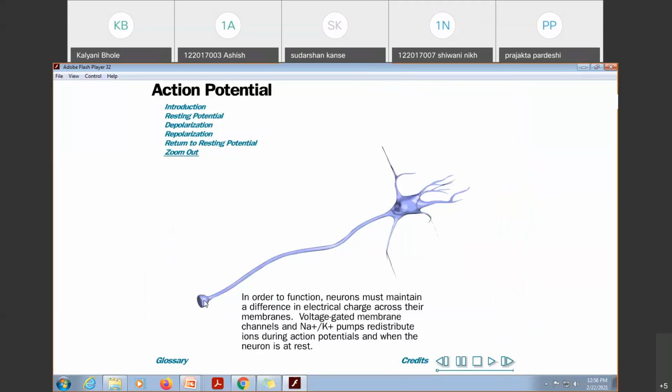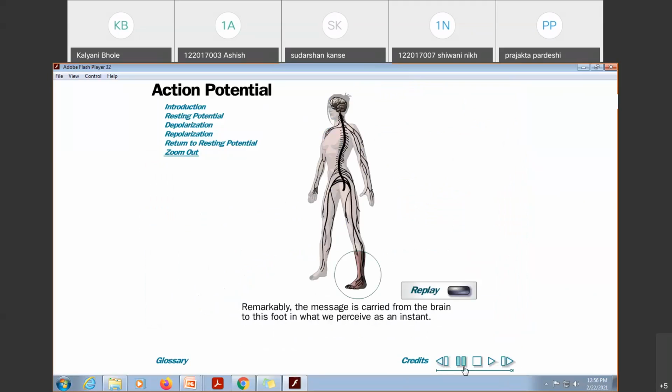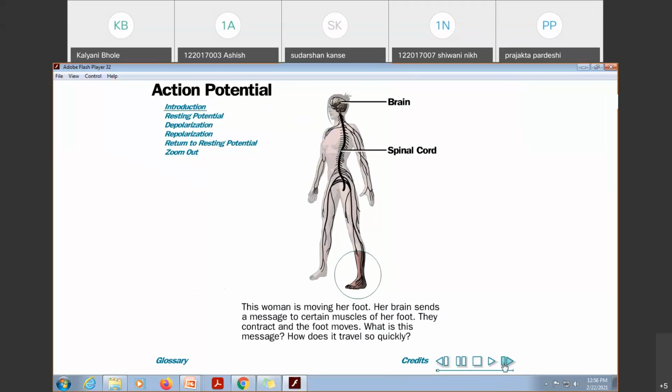So this is the structure of your neuron. See, this is how it happens. Sorry, I wanted to show you the last one.